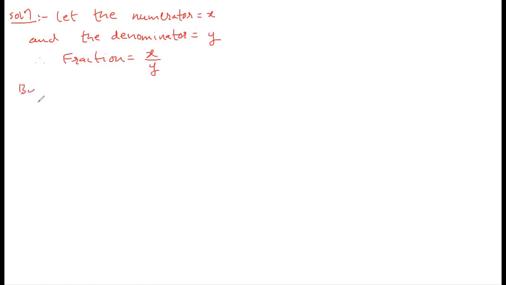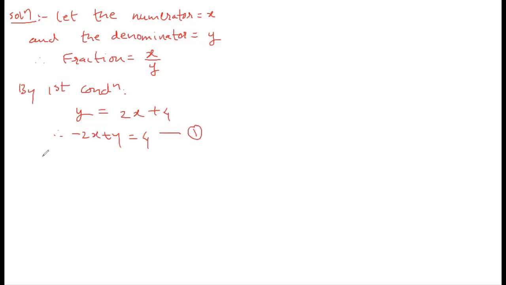Now by the first condition, you can see the denominator, which means y, is 4 more, which means plus 4, than twice the numerator, twice x. So therefore this plus 2x on the left side becomes minus 2x. This is your equation 1.